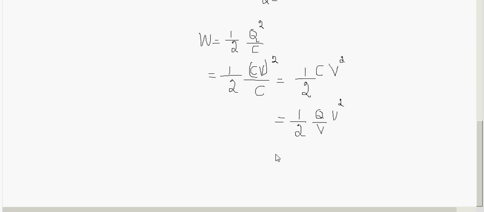One V and V will get cancelled. So this is also equal to half QV. This is another equation for the energy stored in a capacitor. We can use any of these equations. So finally we will write all these equations together.